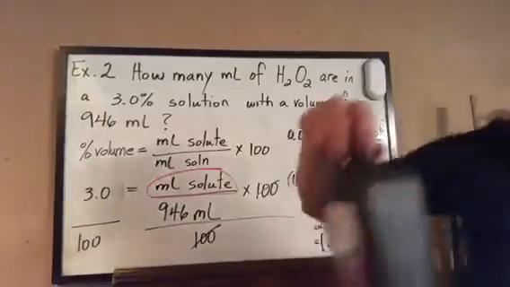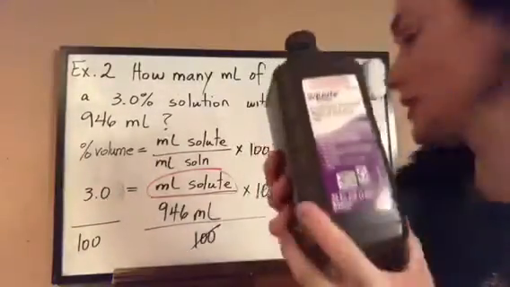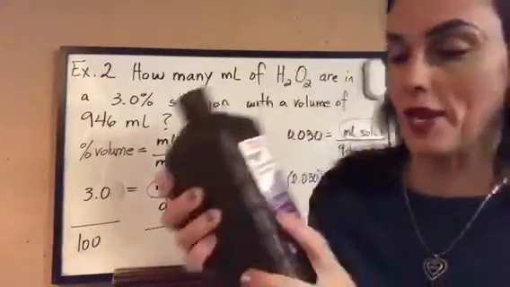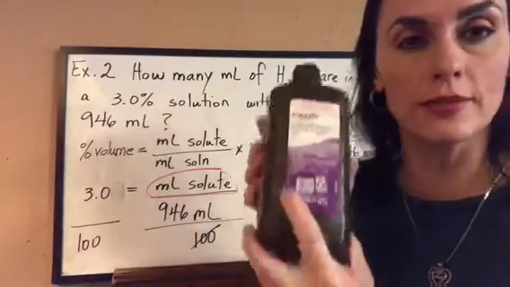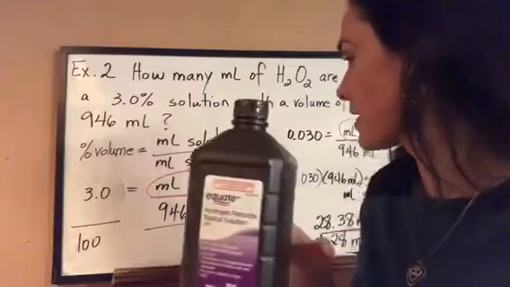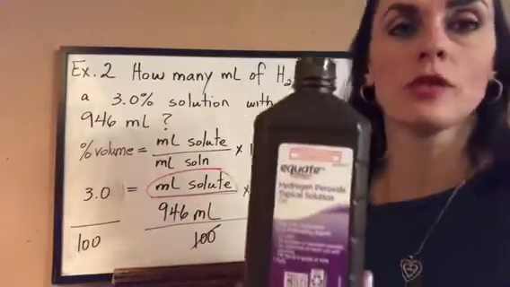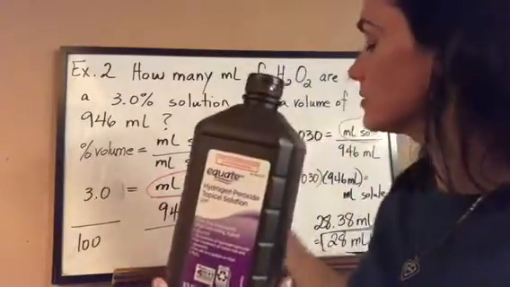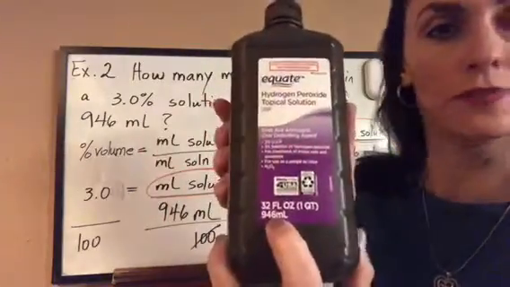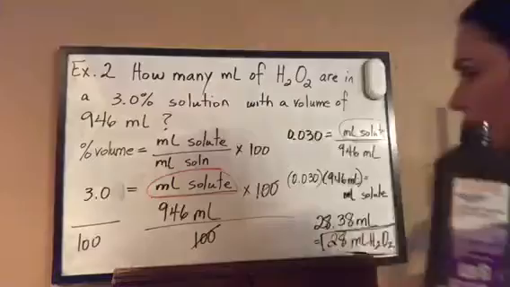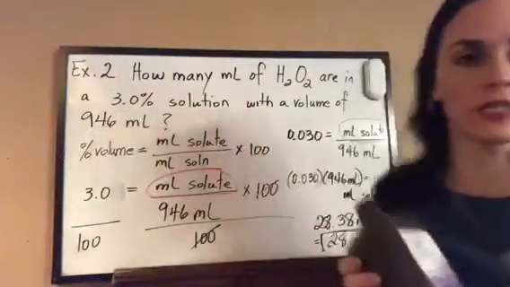So when this was made, 28 milliliters of H2O2, hydrogen peroxide, were put into this bottle, or whatever container was used, and then the remainder was water to get it to this total solution volume and this percent concentration.